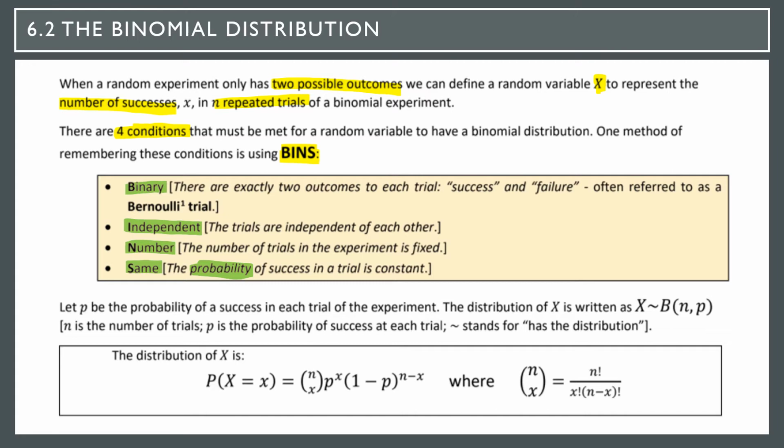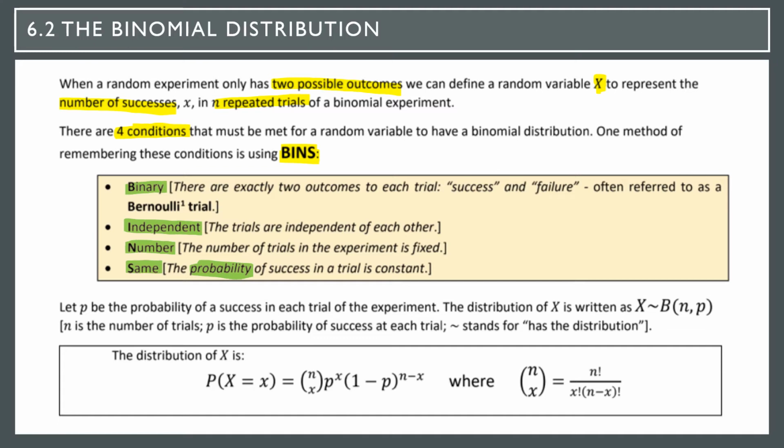If we go back to our example of tossing a fair coin 20 times, let's run through the conditions to ensure our random variable can be defined by the binomial distribution. If we start with B, binary, there are exactly 2 outcomes. In our case, if we're looking at the number of heads being a success, then success would be the fact that we landed on a head, and failure would be landing on a tail.